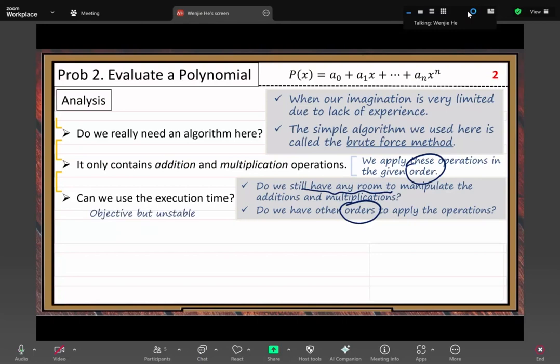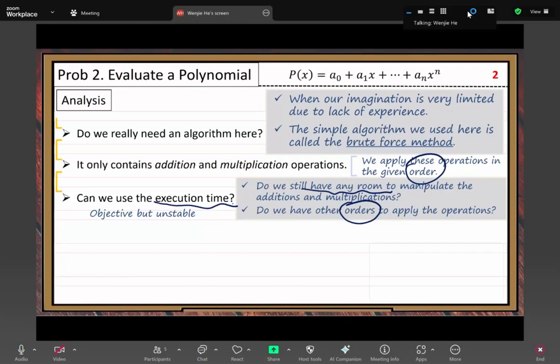Next, we look at the execution time. Is it a good way to measure performance? It's not a good one. First, it's an objective measure, and that's no problem, but it's unstable. Why do I say unstable?